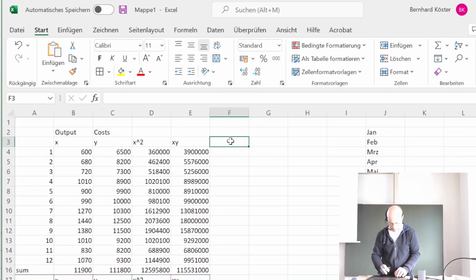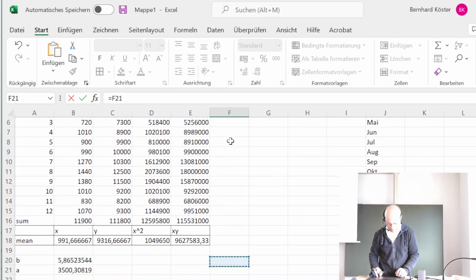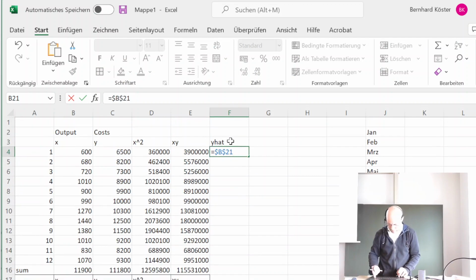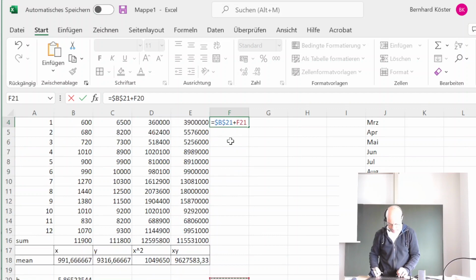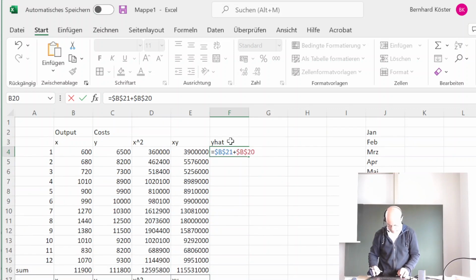Because if we go in our table, then I can calculate y hat, and y hat is given by a plus b times x.